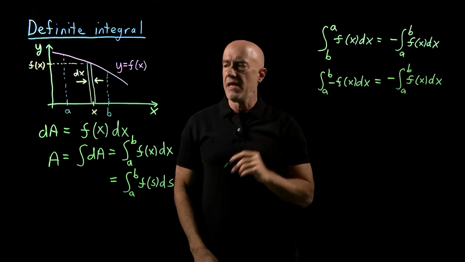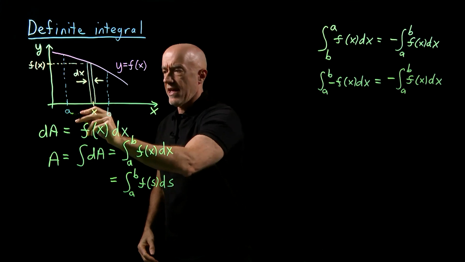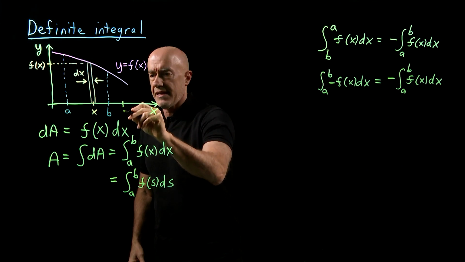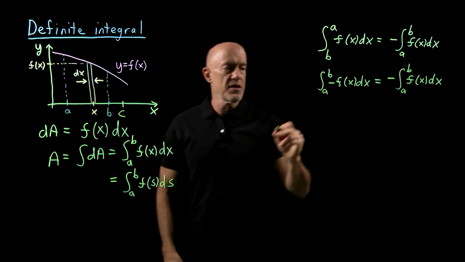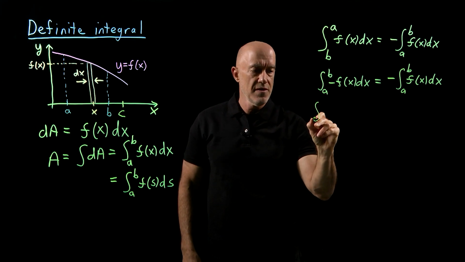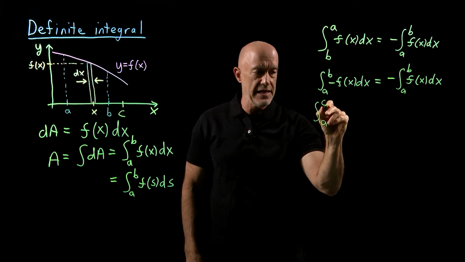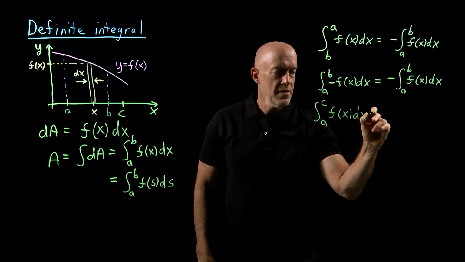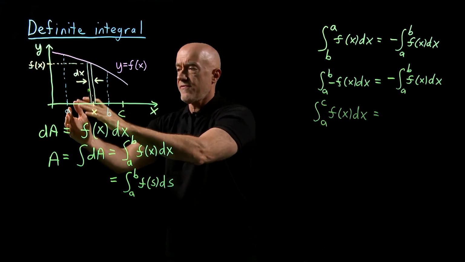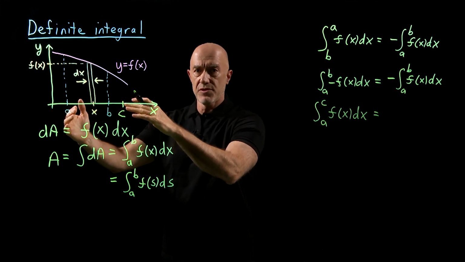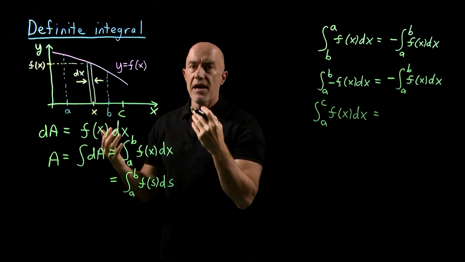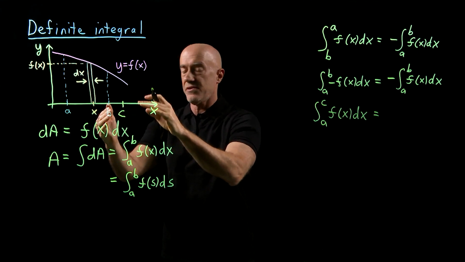Another useful relationship is if we have a, b, and we also have a point, say, c here, and we wanted to know what was the integral from a to c of f of x dx. Well, the area under the curve from a to c is equal to the area under the curve from a to b plus the area under the curve from b to c.